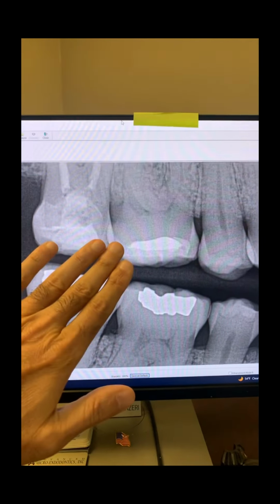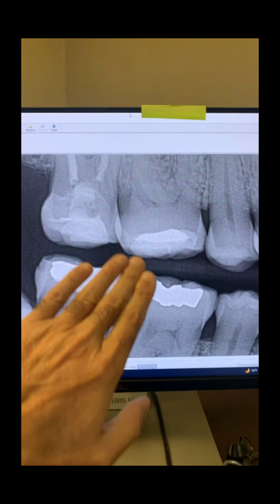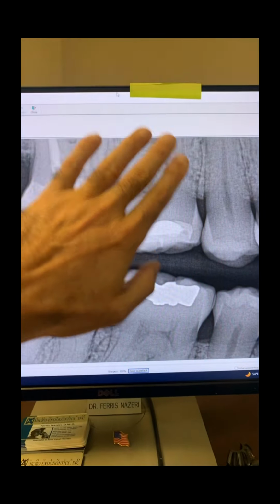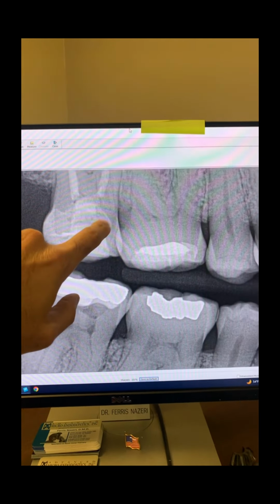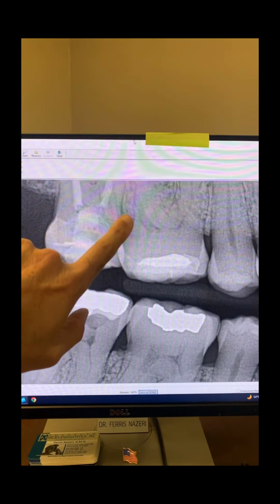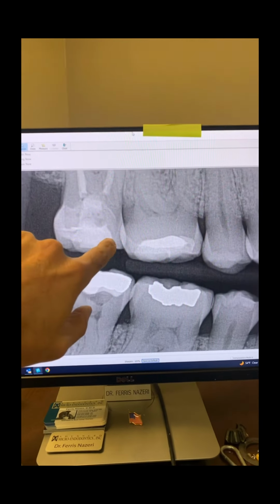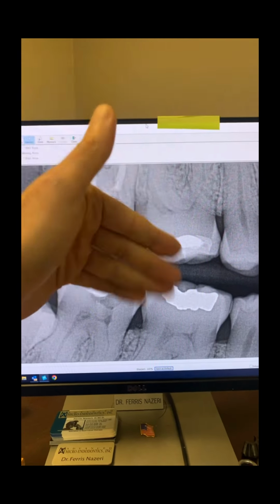And I'm assuming that you use the rubber dam, okay? You put a rubber dam on before you worked on this tooth. You cleaned out the decay under the rubber dam. And you filled this tooth, restored this tooth with whatever material, usually you guys use composite, using a rubber dam.